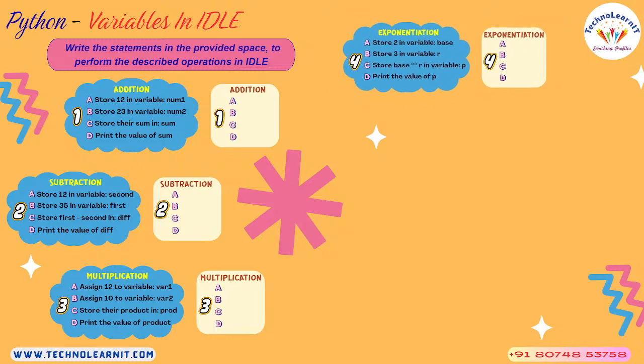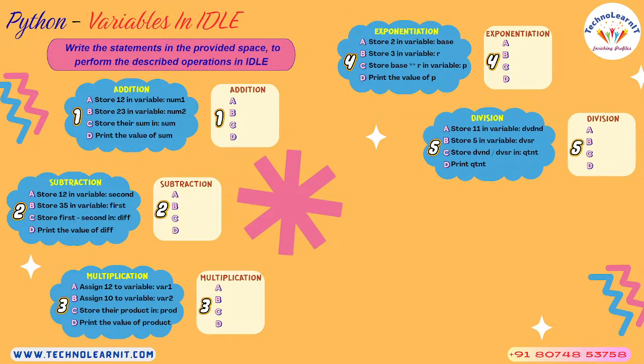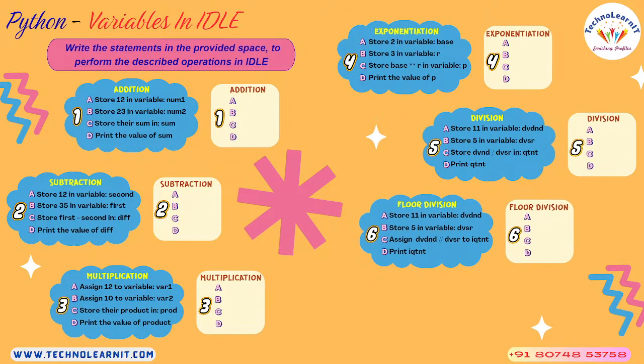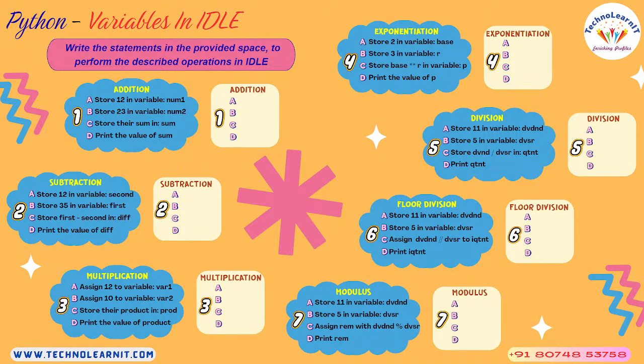Again, you need to try these in IDLE, and this allows you to get a good hold on variables, how to use variables, how to store a constant in a variable. All these things you can practice. This exercise sheet will also be available for you by the end of this session on the website. You can go there, download that, and practice all those exercises.